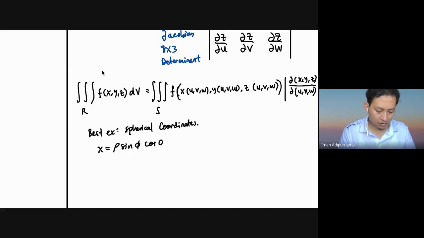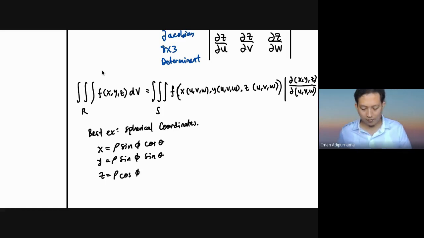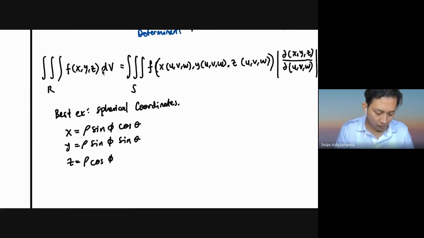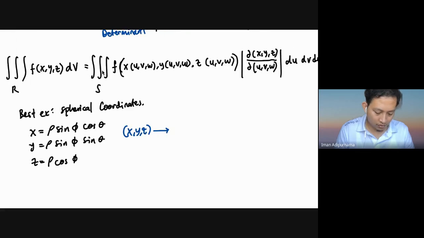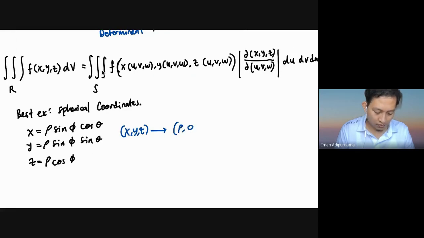Y is rho sine psi sine theta, and z you are having rho cosine psi. Okay, and we have now changing x y z to rho theta and psi.